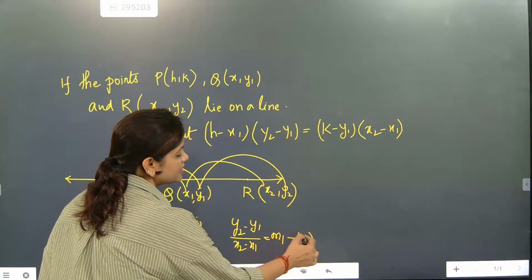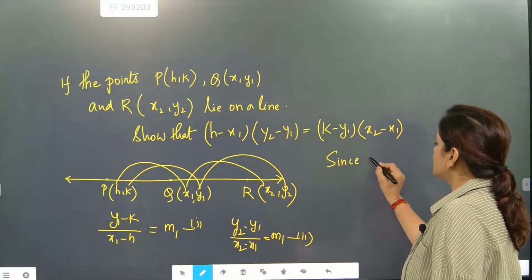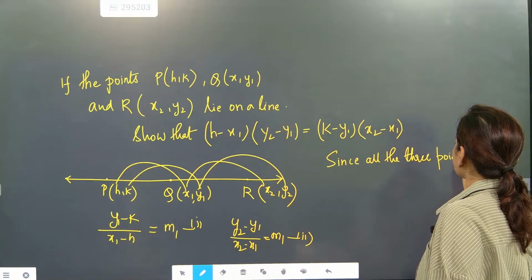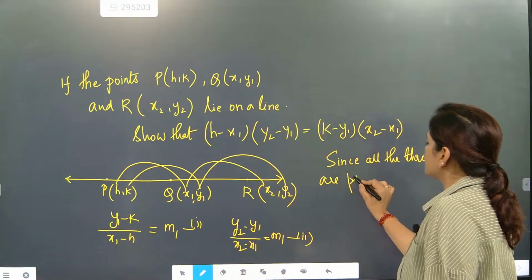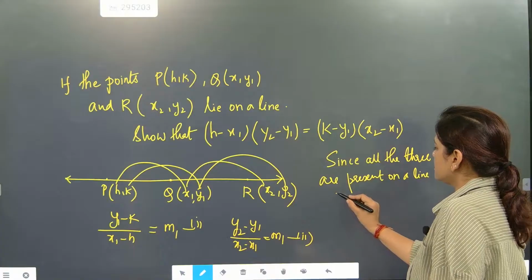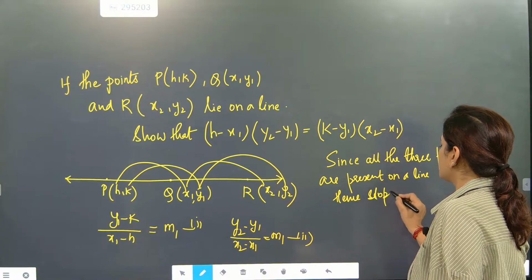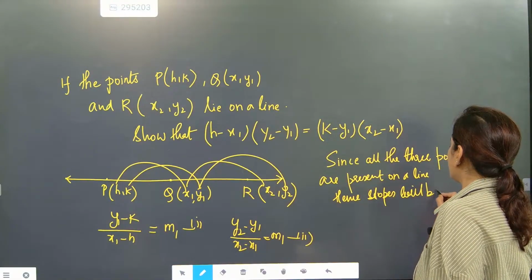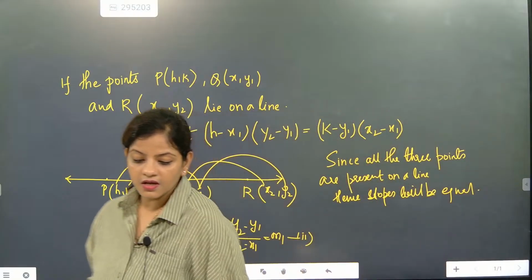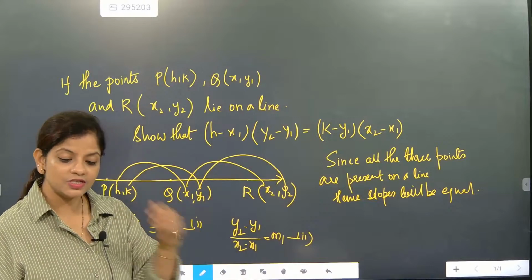Now what will we say? Since all the 3 points are present on a line, its slopes will be equal.